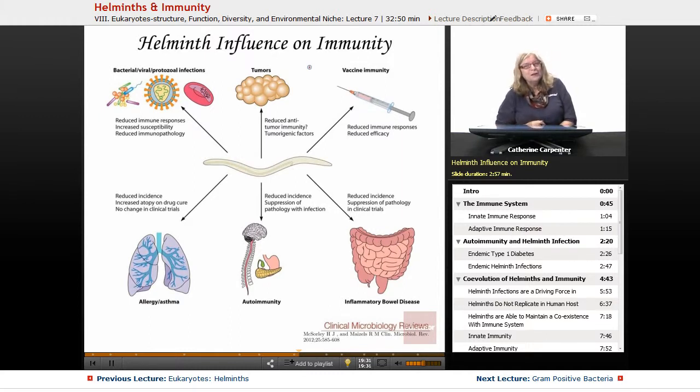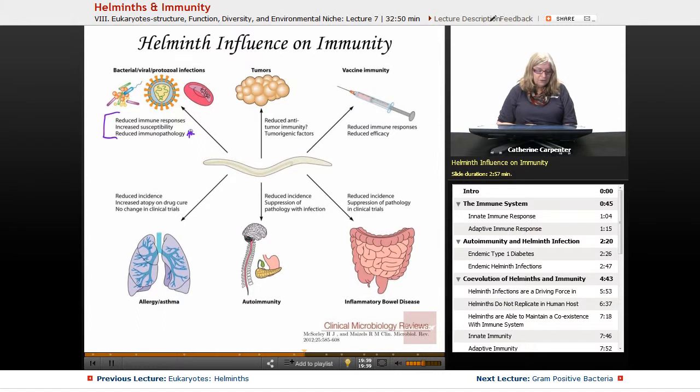Sometimes helminths can help with infection, and sometimes helminths can make them worse. In relationship to bacteria, viruses, and protozoa, the helminths can actually reduce immune response, they can increase susceptibility to infection, and, number 3, they can reduce immunopathology.